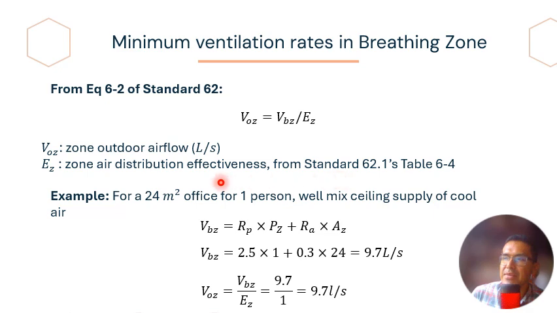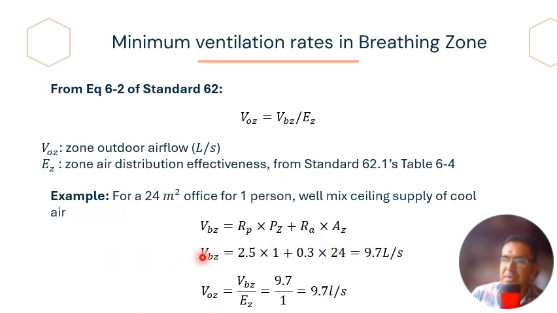So, for example, if we have a 24 square meter office for one person, with well mixed ceiling supply of cool air, then using the equation that we showed previously, and these values that we have from the table that we showed before, this is only one person, this is also the recommended value, and this is the area.